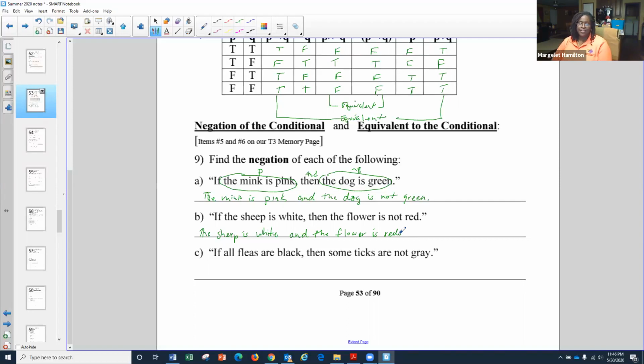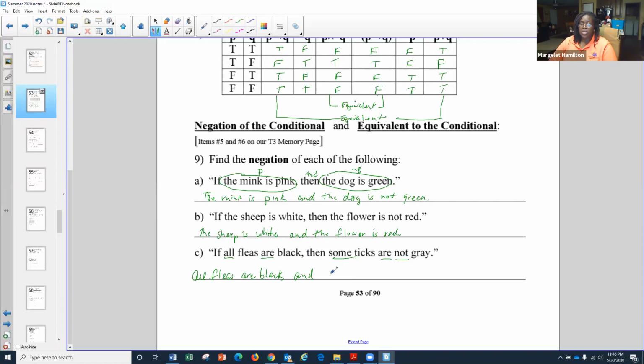All right. And C. If all fleas are black, then some ticks are not gray. Remember, we got all are, some are not. So, keeping this the same, all fleas are black and some are not negates to all are.